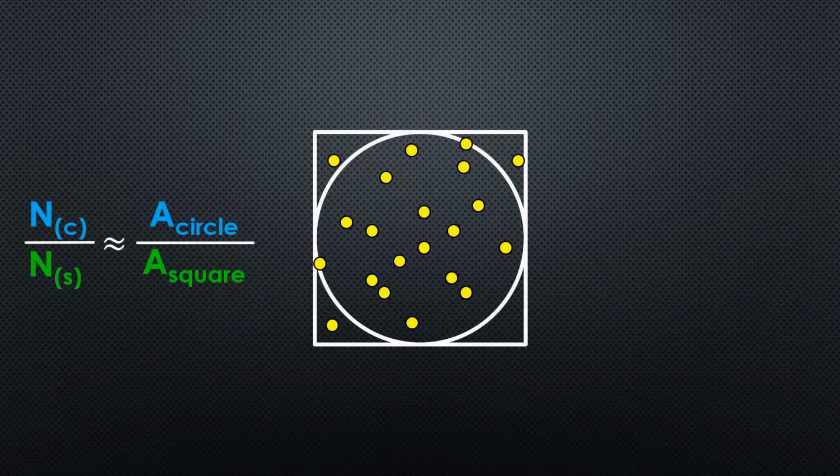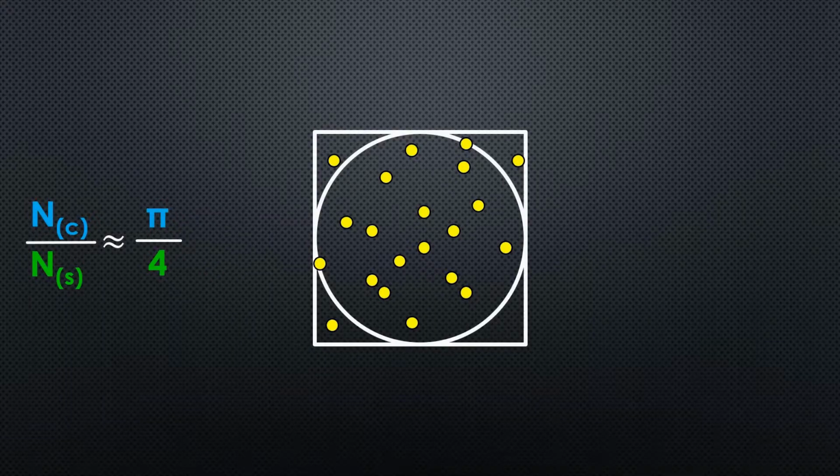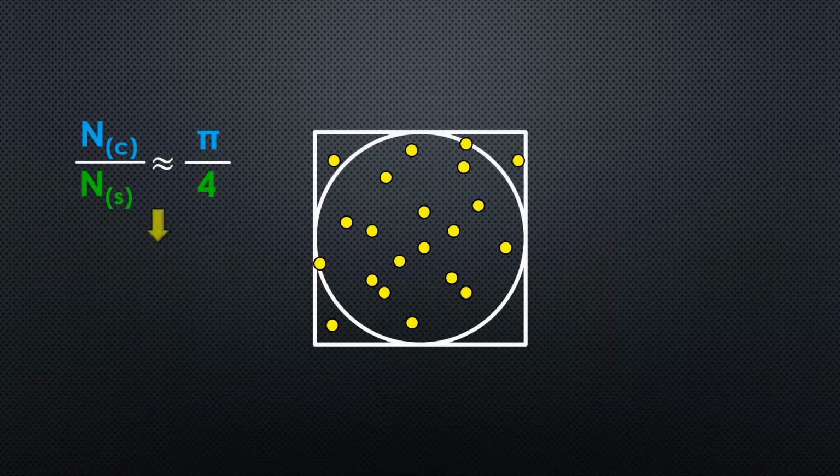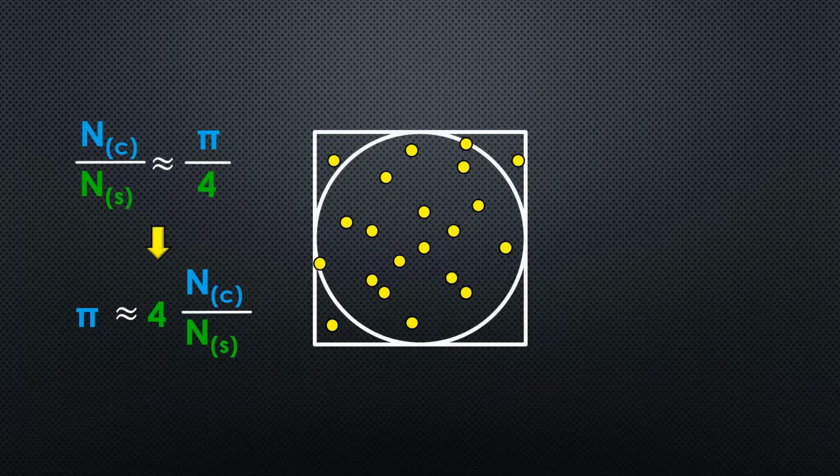However, we know that the ratio of the areas is equal to pi over 4. So, by generating enough random points, counting how many fall inside the circle, and dividing by the total number of points generated, we should be able to approximate the value of pi. So that's exactly what we're going to do today.